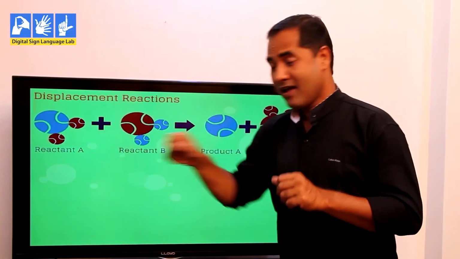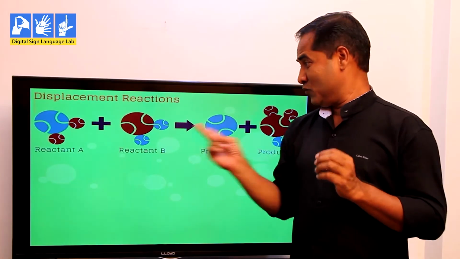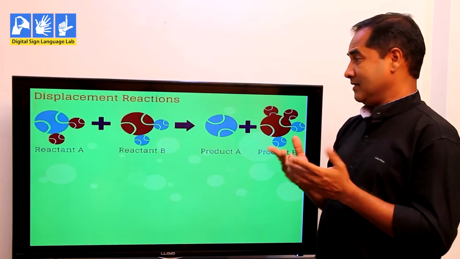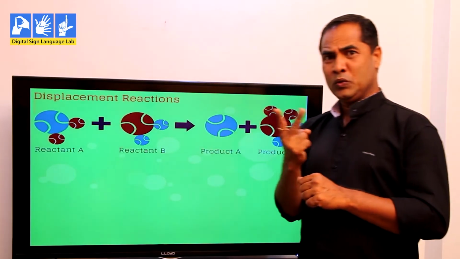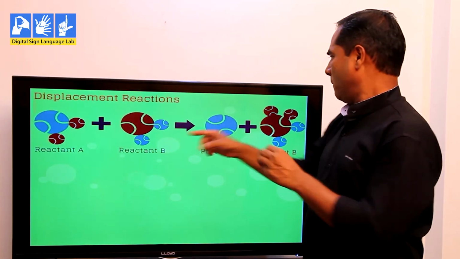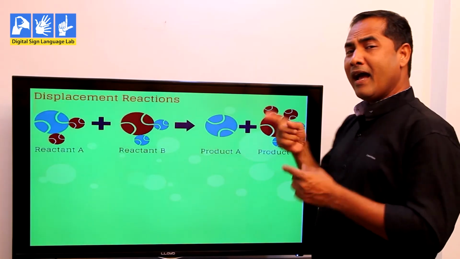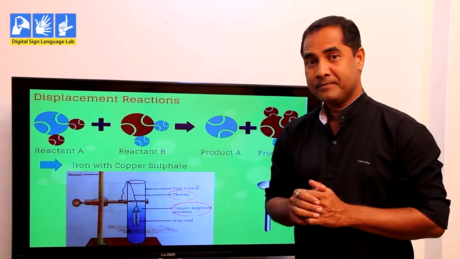Now if you see here, that's reactant A, and that is reactant B. When they react, you see those two elements? It gets displaced because of the other reactant. I'll show you an example.